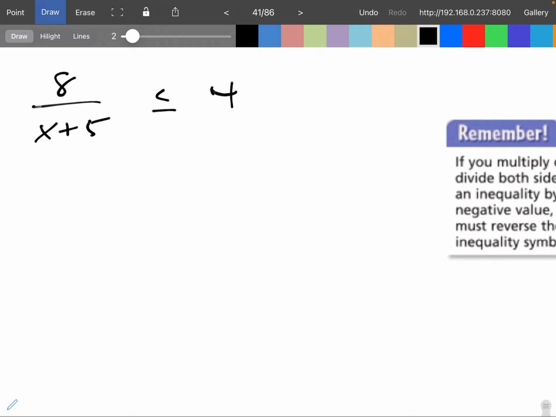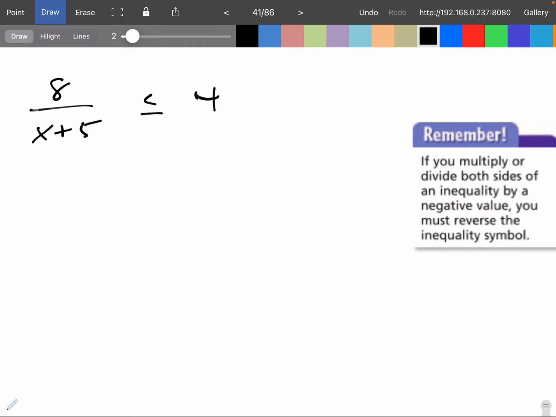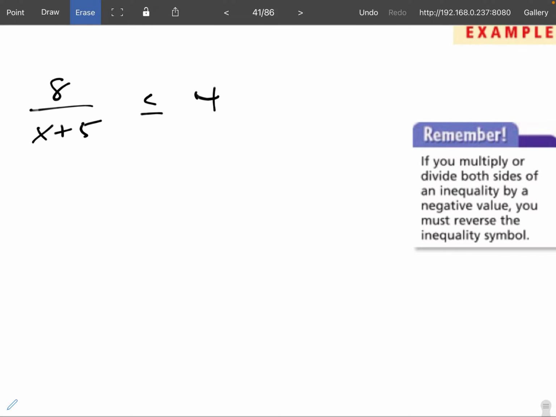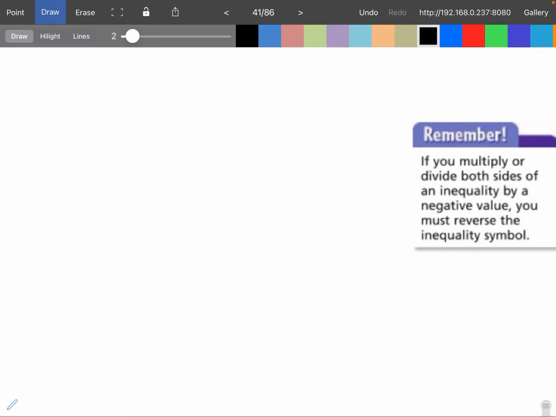Okay. Let me see if I can zoom in a little more here. So what we want to do on this one is solve for x, right? Actually, let me write this a little bit smaller. I don't want to take up that much room here.